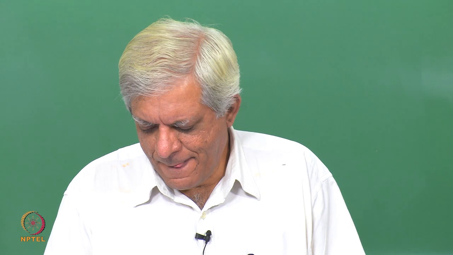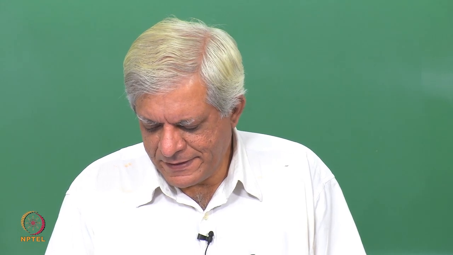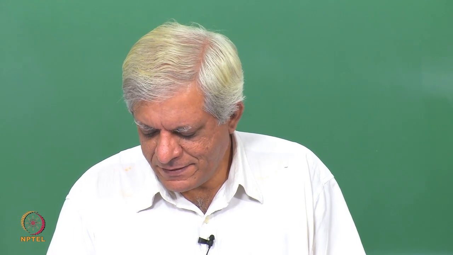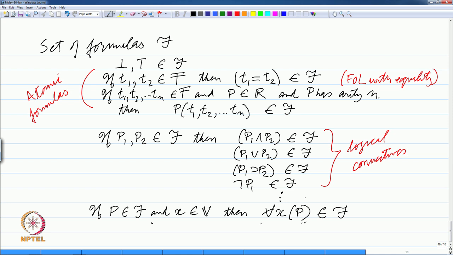We use the brackets to define the scope of this for all x, which means that this for all quantifier, these two are known as quantifiers, the existential quantifier and the universal quantifier, they have a scope and this applies to whatever is inside the bracket.